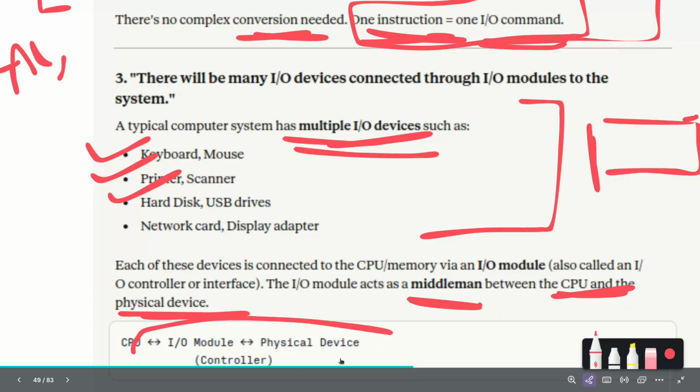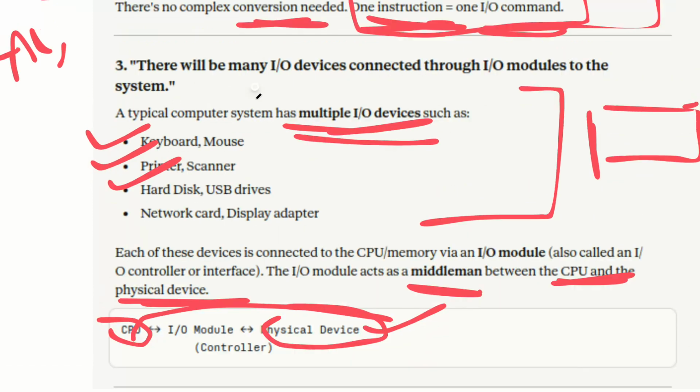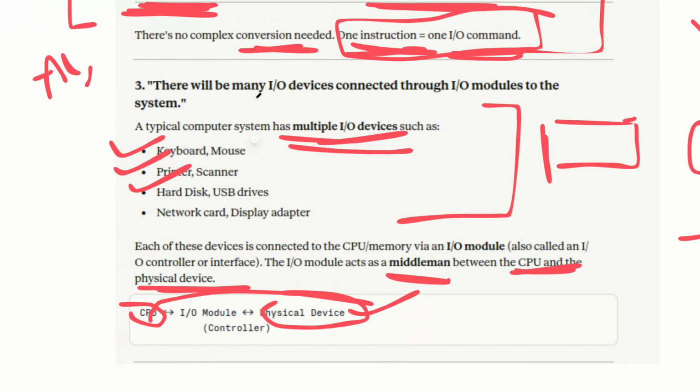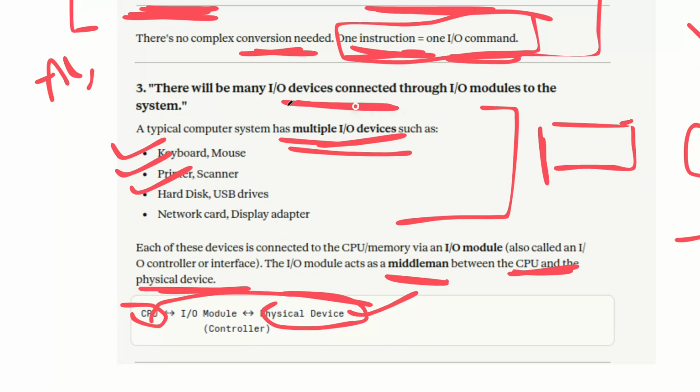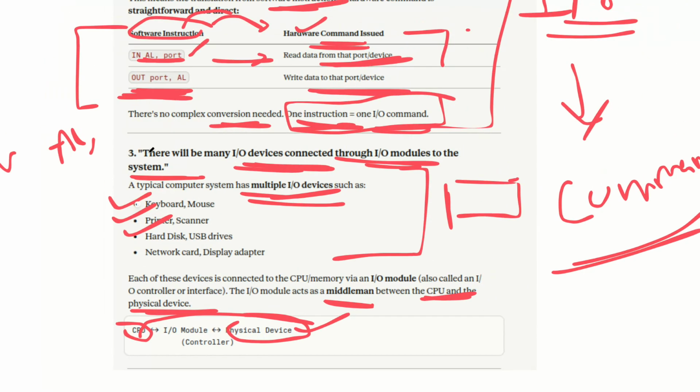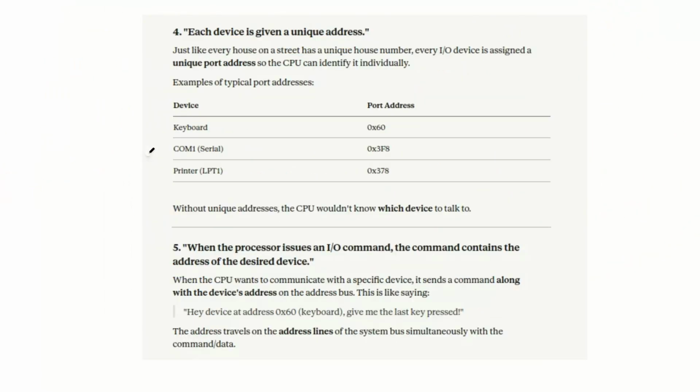This we already know: there are multiple physical devices, and the IO module acts as an interface between the CPU and the physical device. Many IO devices are connected to the computer system with the help of this IO module.